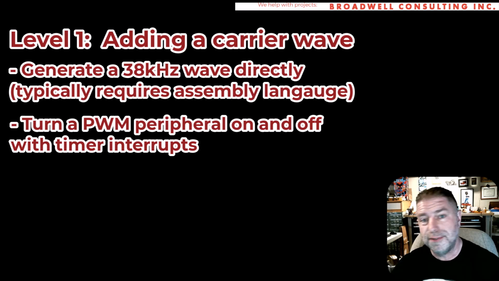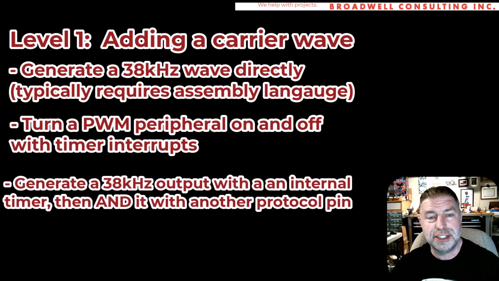Or you could use a 555 or similar analog timer that generates that 38 kilohertz for you, along with a higher level protocol signal. And all of these have advantages and disadvantages in terms of hardware simplicity, the degree to which they interrupt your other software. For instance, if you're using the assembly method, you may have to say the only thing I'm going to be doing is recording or decoding the signal.